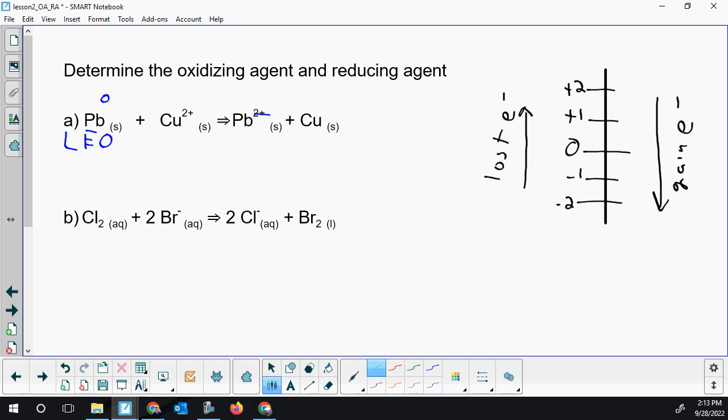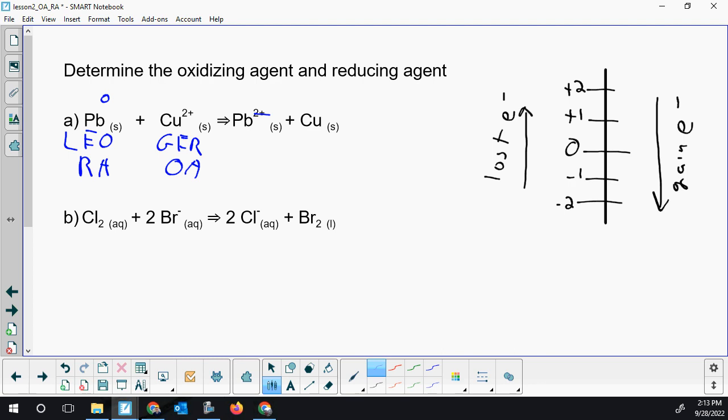So if that's losing electrons, oxidized, that's going to be our reducing agent. So this must be our GER, the copper 2 plus to the copper metal. So this is going to be our oxidizing agent. The agents have to be reactants. You're never labeling products as causing something. They're the result of something.